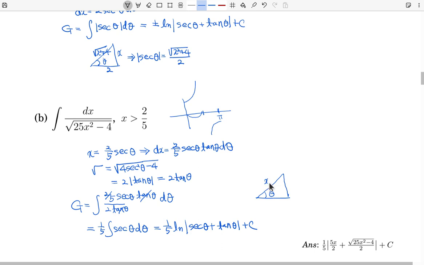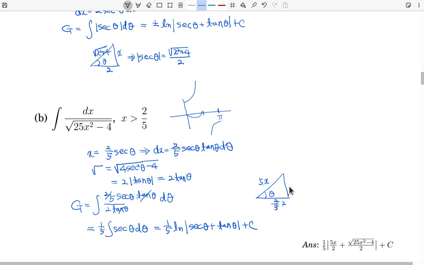So x and 2 over 5, right? You can multiply by 5 over there, so rather than this one, we may put this one, and that is 5x. So 5x is 2 cosine theta, so this must be 2 and that must be 5x, right?